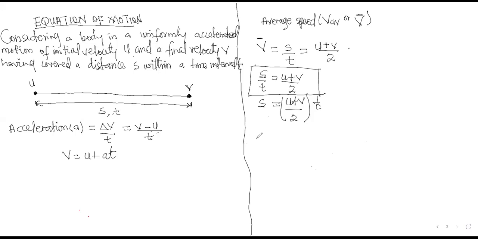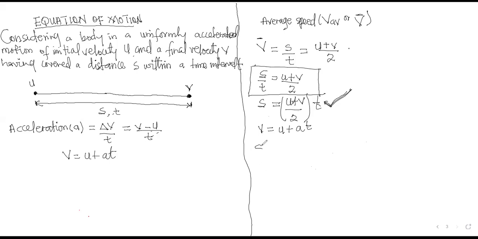Now, let's substitute equation 1 into this. Equation 1 is V is equal to U plus AT. It means wherever you see V in the average velocity equation, substitute it.